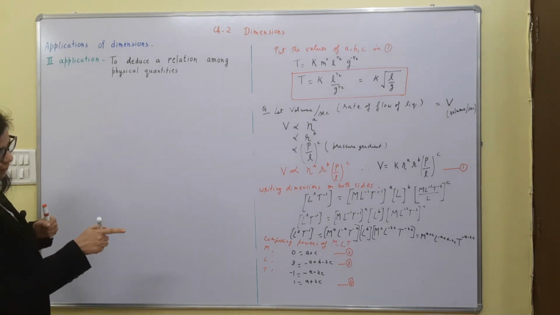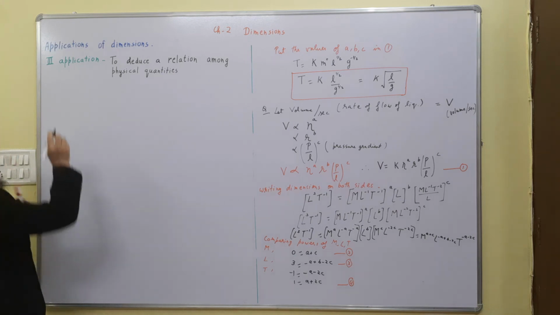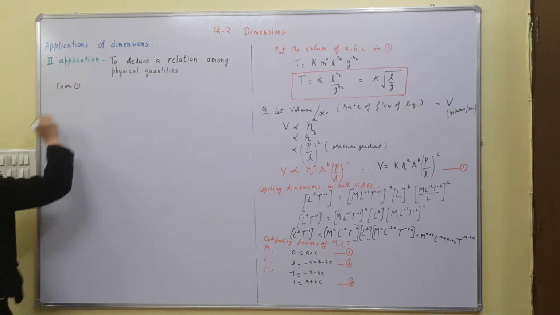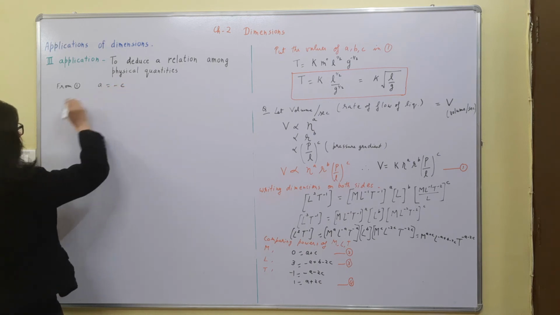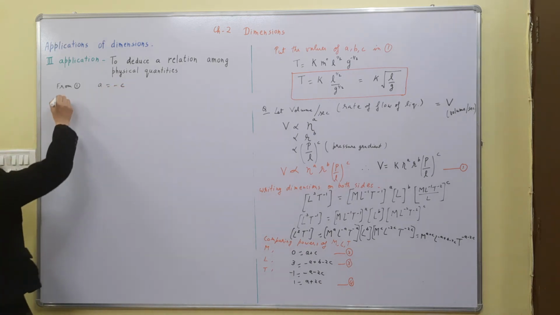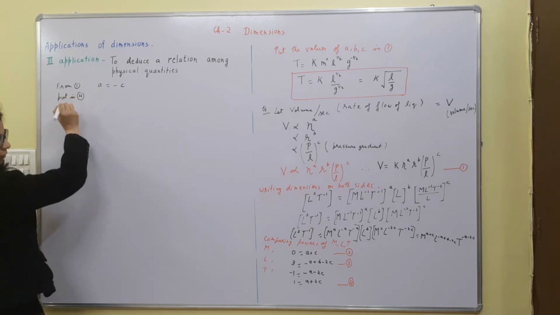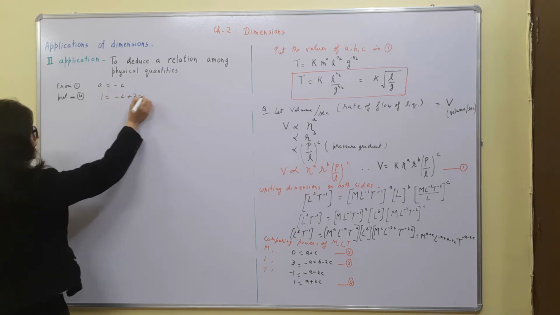So from 4 and 1. From 1 we can write a is equal to minus c, and if I put this value in 4, I'll get 1 is equal to minus c plus 2c.